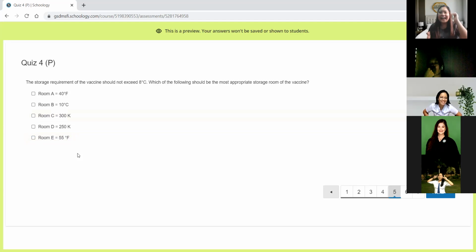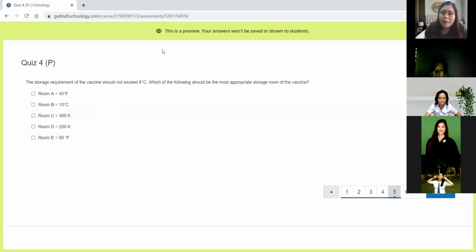Okay. So, the storage requirement of the vaccine should not exceed 8 degrees Celsius. That's the storage requirement. Should not exceed, meaning it must not go higher than 8 degrees Celsius. So, which of the following should be the most appropriate storage room of the vaccine?